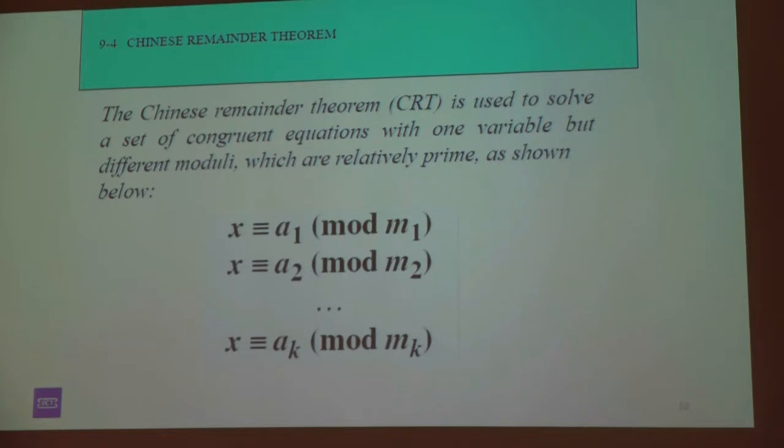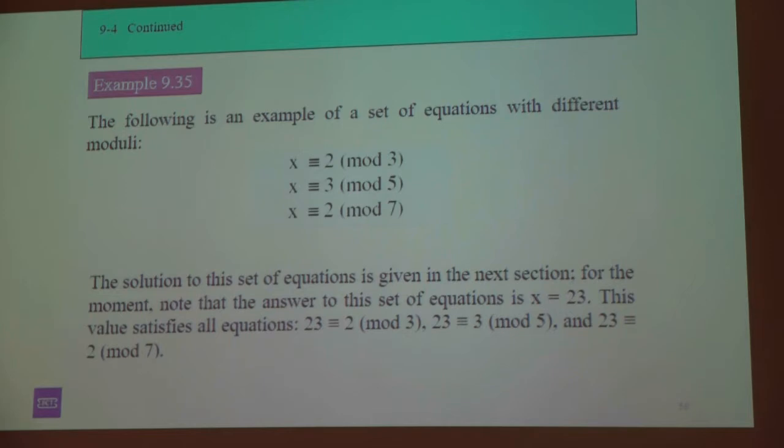What's the condition? m1, m2, up to mk are relatively prime. That's the condition, right? So given a set of equations, find x. The steps you have to follow are listed in the book for you: exactly 4 steps.